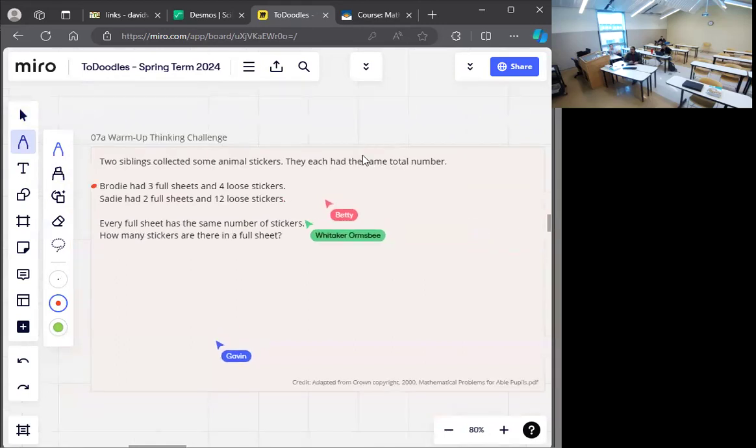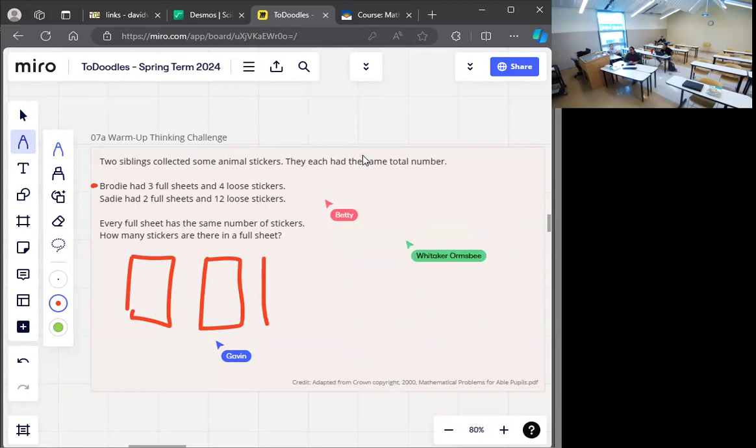So Brody has 3 full sheets, whatever that is, and then 4 others.